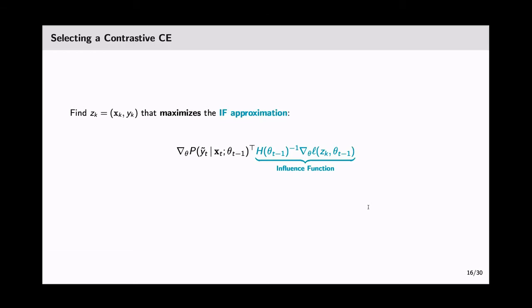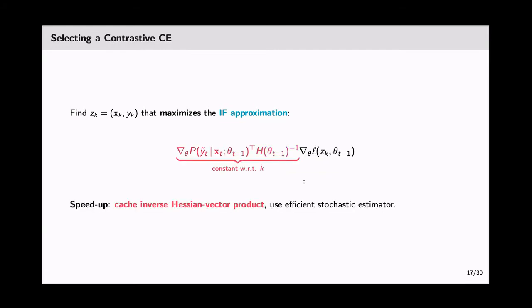Okay, so if we want to select a contrastive counterexample, we need to maximize this formula. This part represents the inference function that we saw before. But the interesting part is that this part of our objective is constant with respect to the specific counterexample.